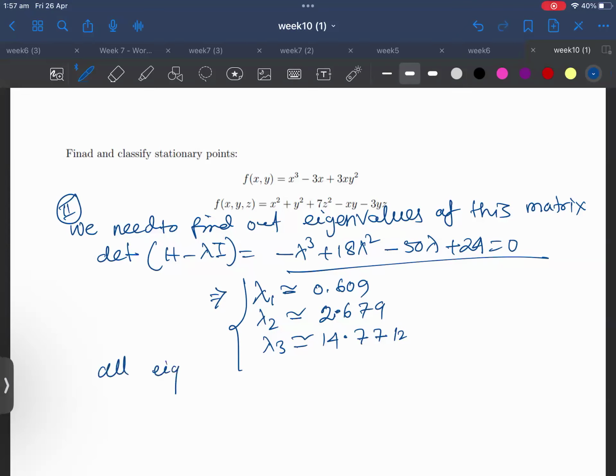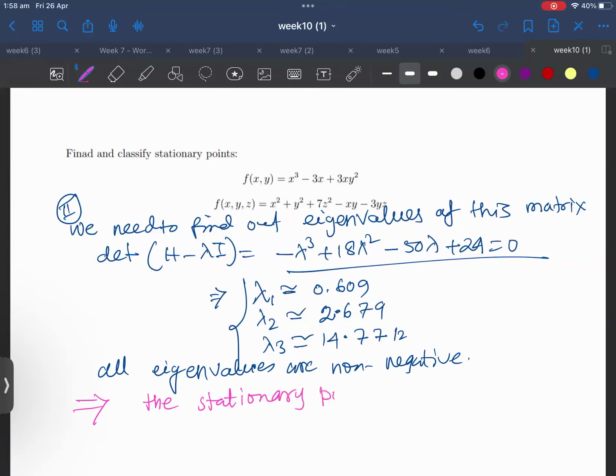This means the stationary point is a minimum point.